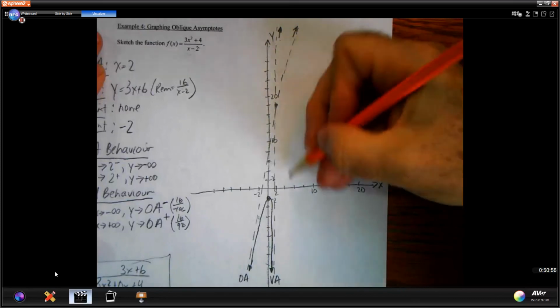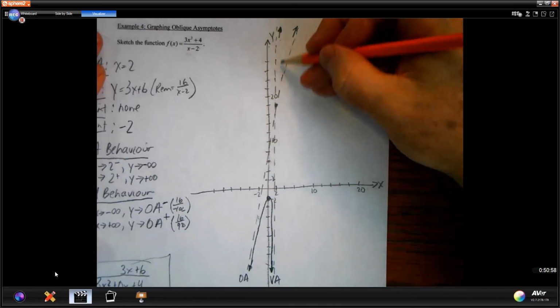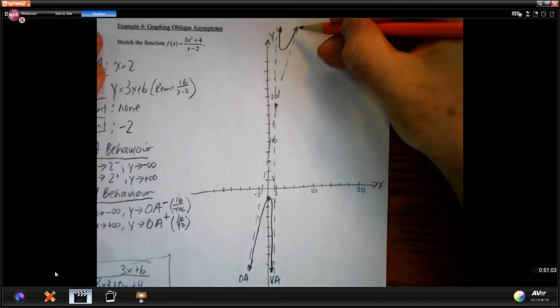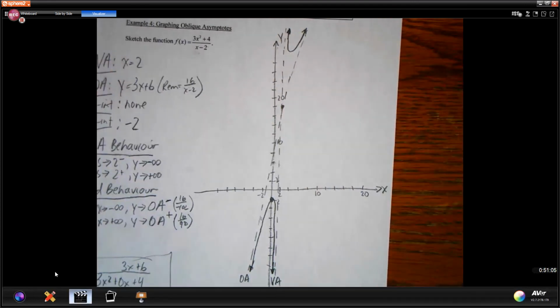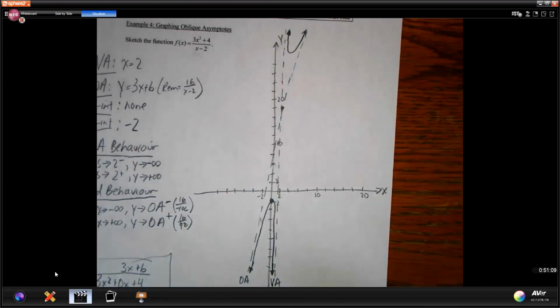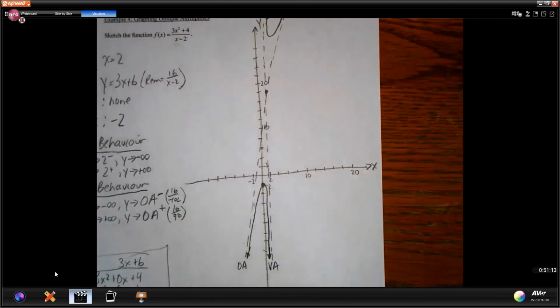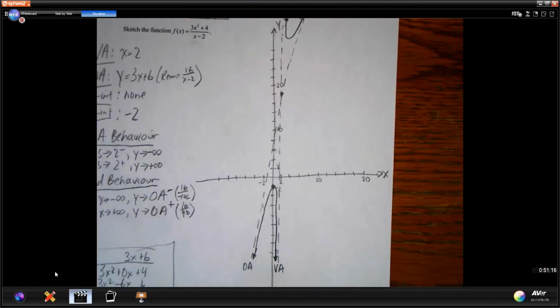It's pretty hard to do symmetry across this, but something like this. So that's what the graph would look like. Again, a totally strange looking shape compared to previous examples and lessons. So hopefully that makes sense.